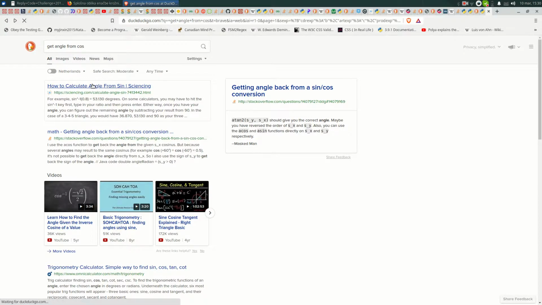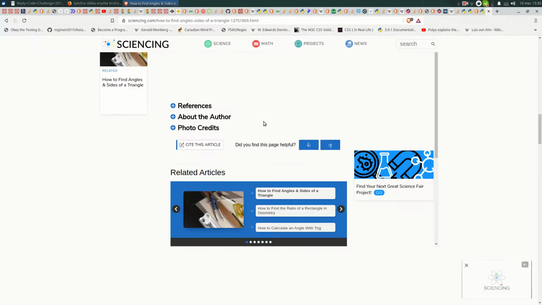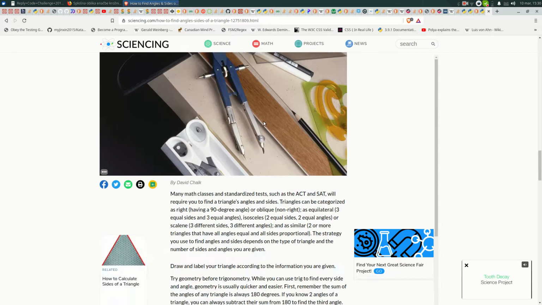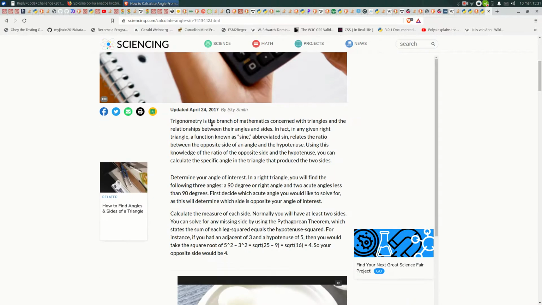How to calculate angle from sin. Now, the triangles and the relationship between their angles and sides. In fact, in any given right triangle, the function known as sine, abbreviated sin, relates the ratio between the opposite side of an angle and the hypotenuse.